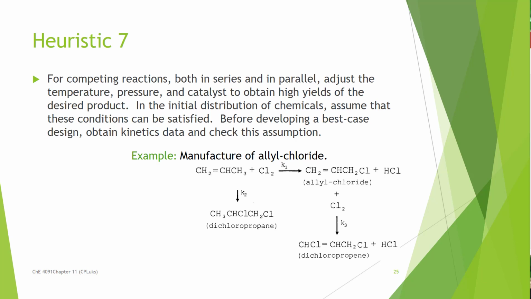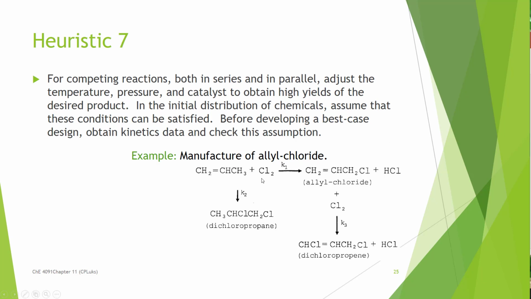Heuristic 7 is when you have multiple competing reactions, whether they're in series or parallel, you want to adjust the temperature, pressure, and catalyst choice so that you get the highest possible yield of the desired product. The way you're going to do this is by obtaining kinetic data to verify whatever assumptions you have made.